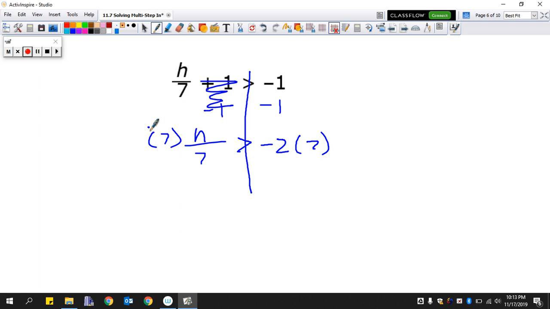The 7 is positive here, so H is greater than -14. Remember, we keep the same inequality symbol because we multiply by a positive, even though our answer over here is a negative. We multiplied by a positive number, so the inequality symbol stays the same.